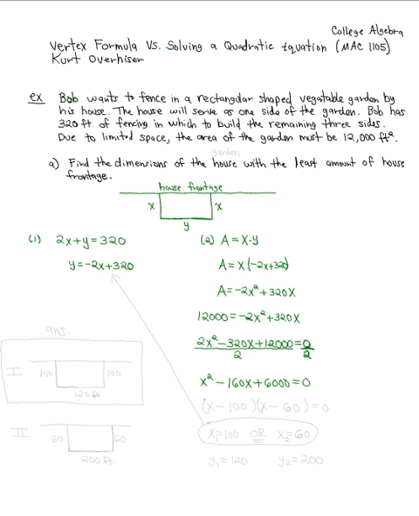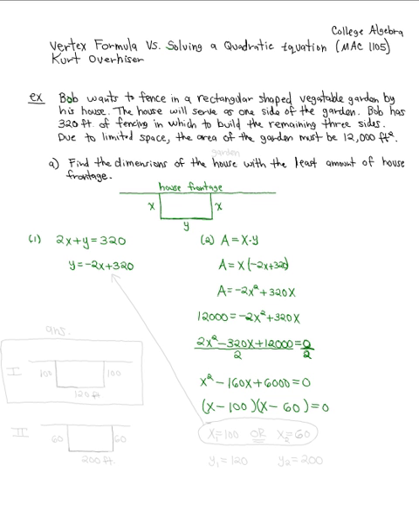Next, we're going to factor this. Put x here. Now, the way the signs go, they both have to be negative, because the middle sign is negative and the constant sign is positive. Two negatives multiplied together give you the positive. And then we're looking for factors of 6,000 that add up to 160.